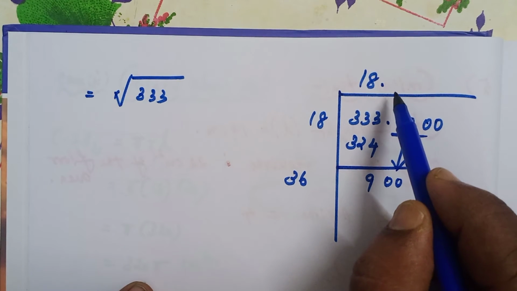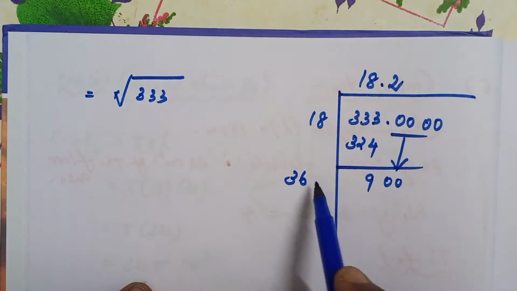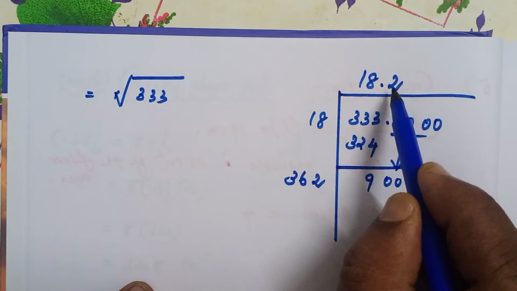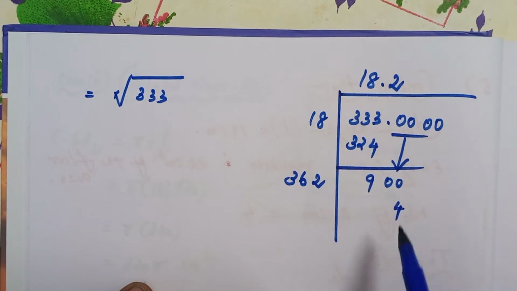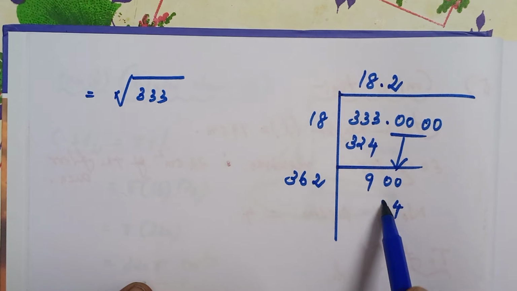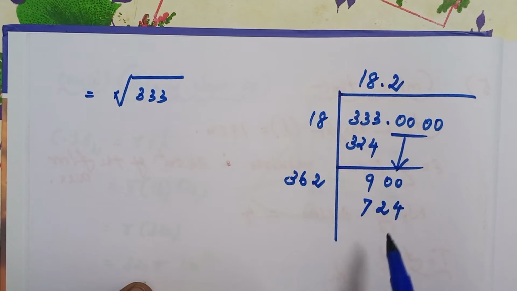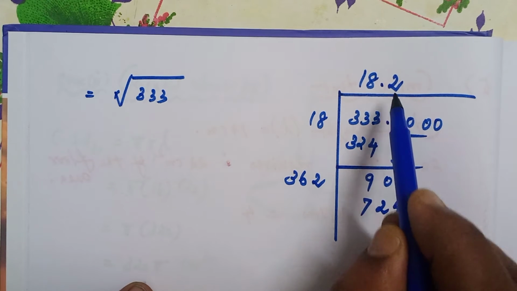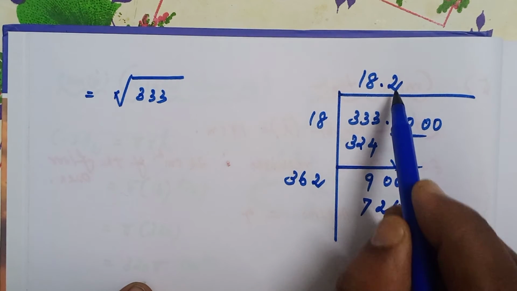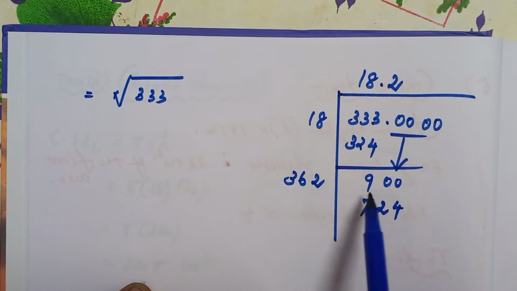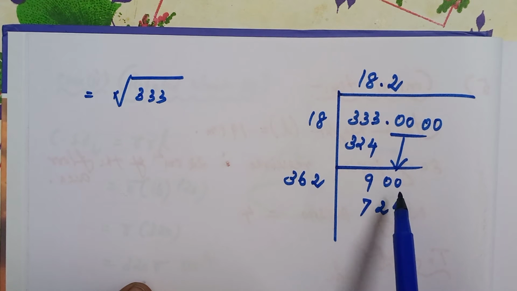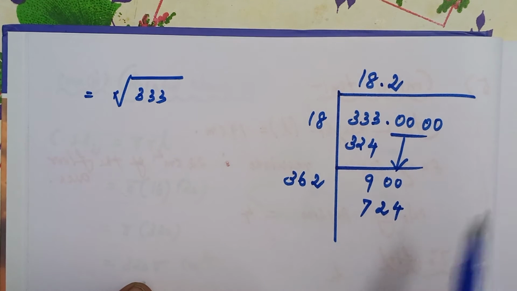Here we can go up to 2 times only. Here also 2. 2 into 2, 4. 2 6s are 12. Balance 1. 2 3s are 6 plus 1, 7. If we take 3, here also we have to take 3. 3 into 363 will be exceeding 900. So no chance of taking 3.